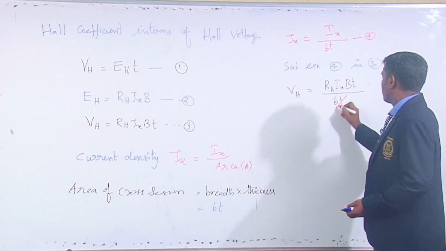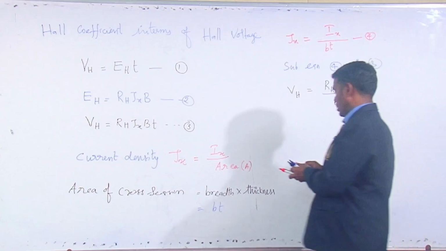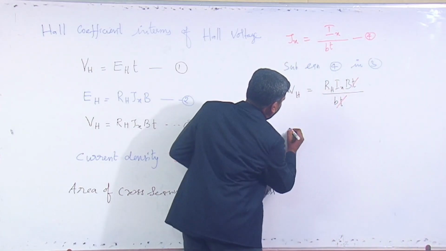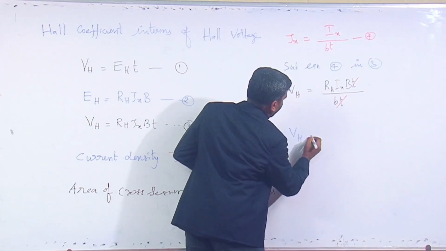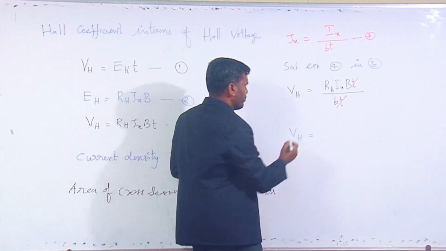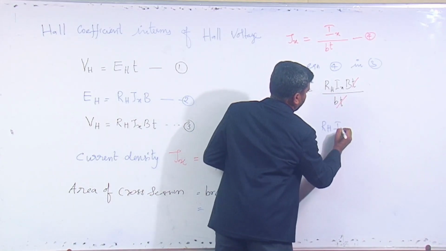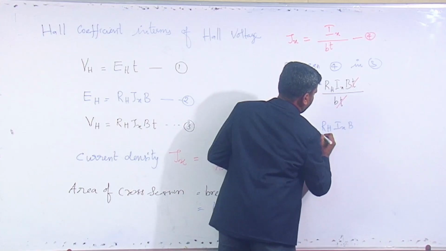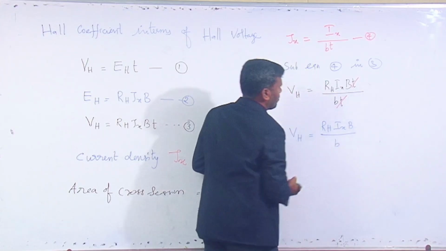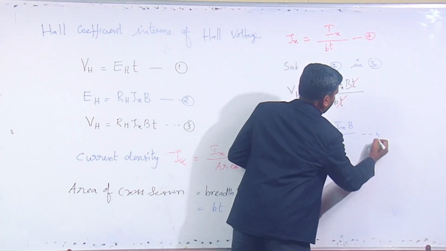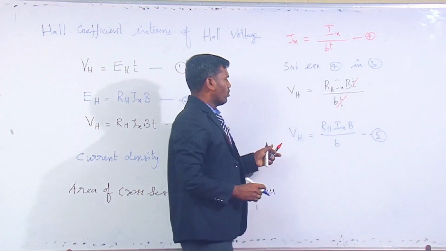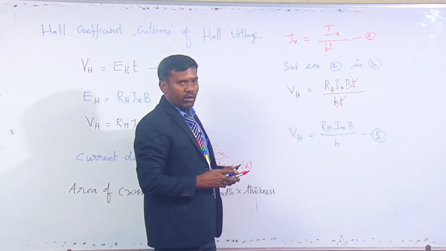Now T cancel each other. Then you have to write the Hall voltage VH is equal to RH Ix B divided by small b. This is equation number 5. This is Hall voltage in terms of Hall coefficient.